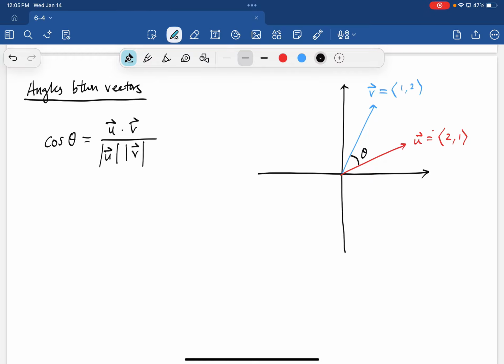So if we apply this formula, then the cosine of that angle theta between the vectors is going to be equal to the dot product of 1, 2 and 2, 1. So u is 2, 1, and v is 1, 2. The numerator is going to be the dot product between those two vectors, and the denominator is going to be their magnitudes multiplied by each other. So we'll first calculate the magnitude of u, and then multiply that by the magnitude of v, which is 1, 2.